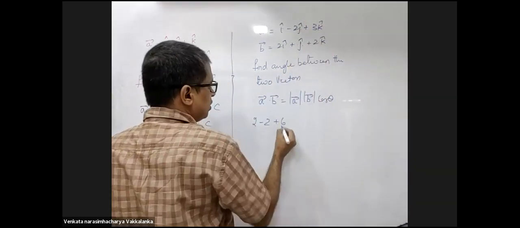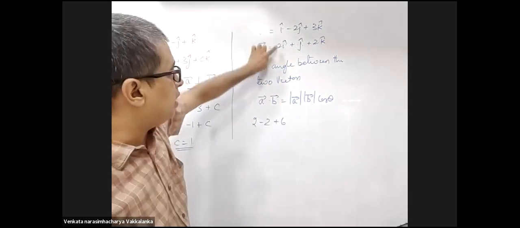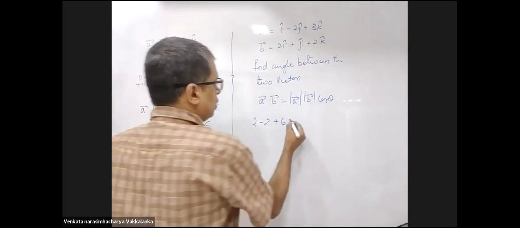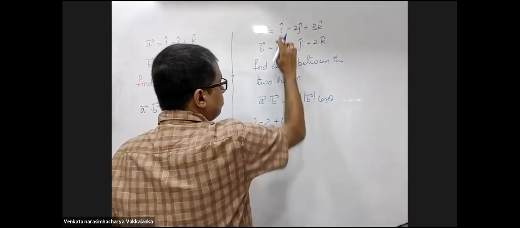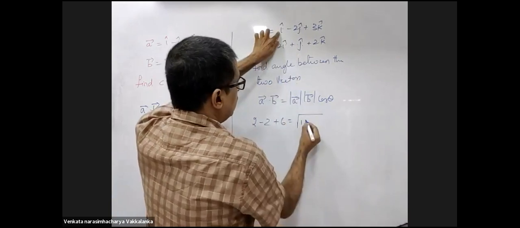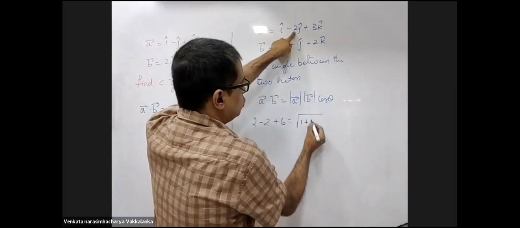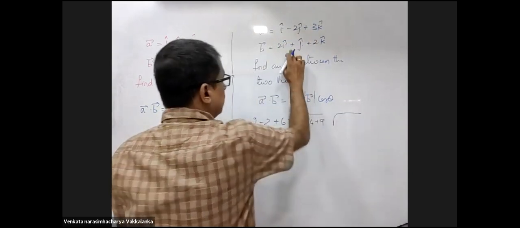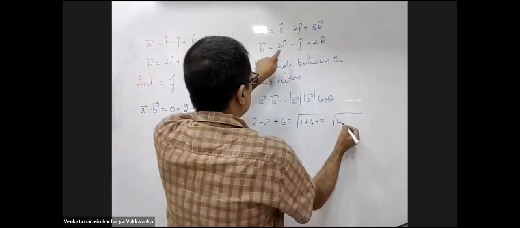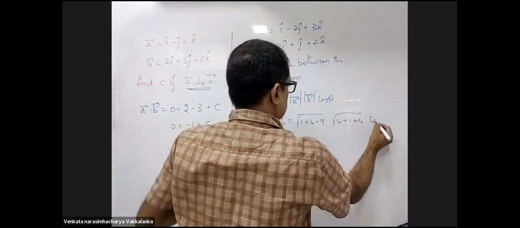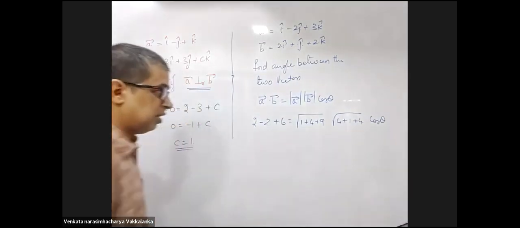A dot B, 2 minus 2 plus 6, should be equal to the magnitude of A, which is root of 1 square plus 2 square plus 3 square, into magnitude of B, which is root of 2 square plus 1 square plus 2 square, into cos theta.